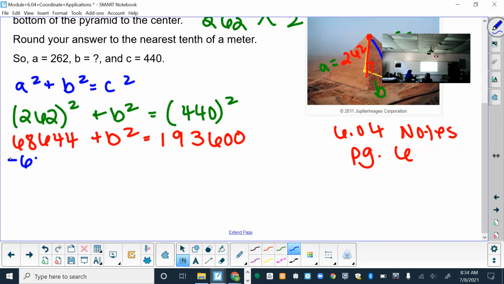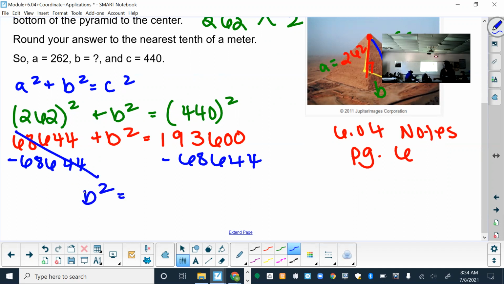So subtract 68,644 on each side. Cancels out on the left side. We have B squared. On the right, I have 124,956.